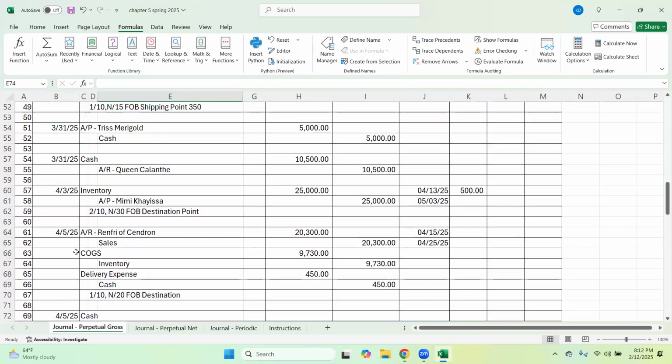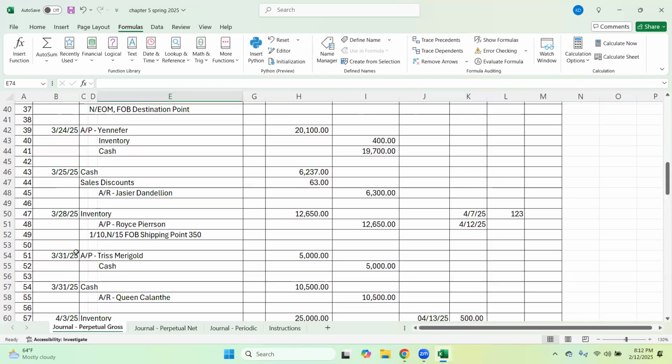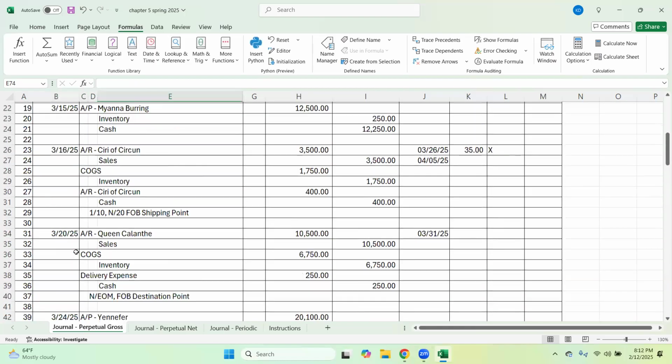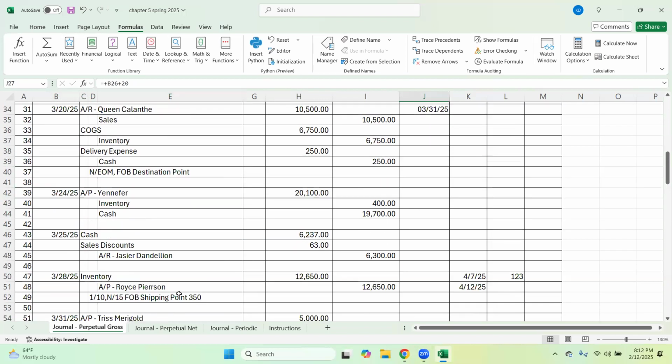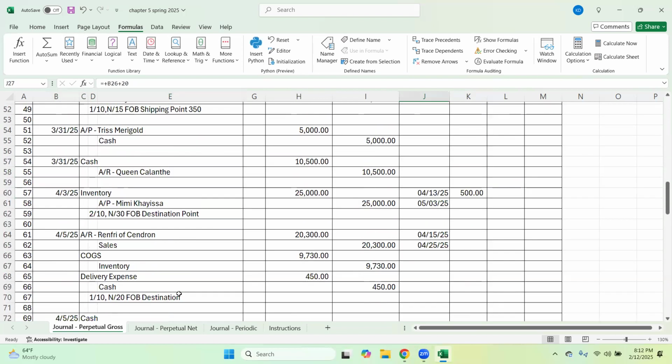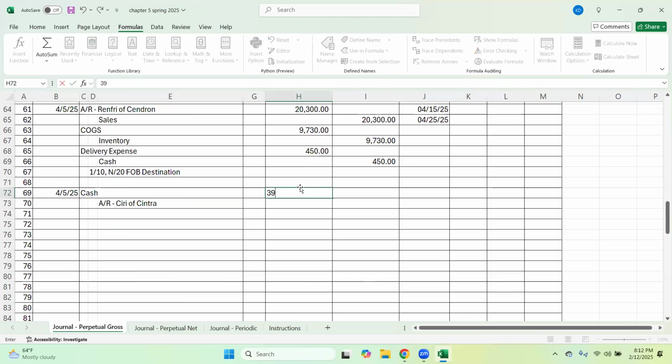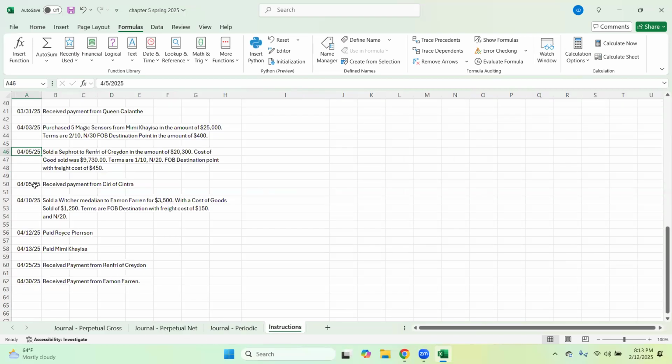Oh, she's paying it on the due date. She's not taking her discount. So she's going to pay us 3,500 plus the $400 here. That was the freight cost that she's responsible for. That was easy. We got those, so we just got 6 more to do.